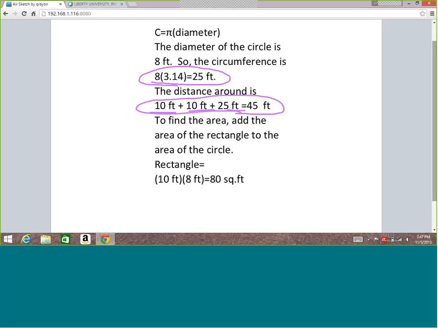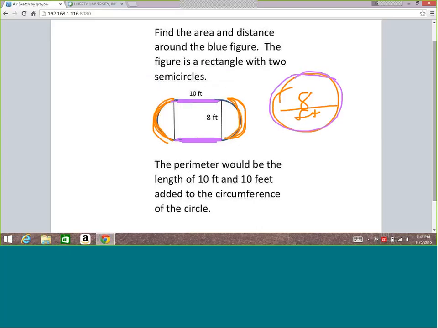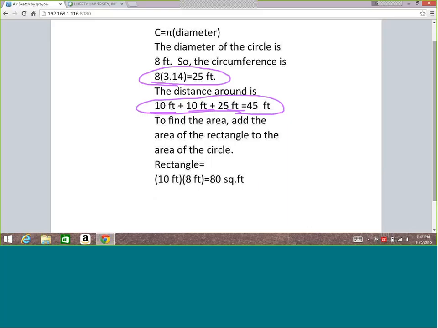Now to find the area, we're going to look at this also as a rectangle with 2 semicircles. If we find the area of this circle, which when you put it together is one big circle, and add that to the area of the rectangle, then you have the area of the whole thing. Okay? Well, the area of the rectangle is 8 times 10 because it's an 8 by 10 rectangle.